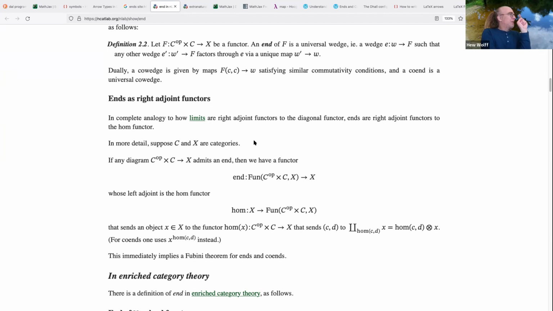But to be more precise, let's see. I guess limits go from the category of diagrams to the plain old ambient category. And I think the diagonal construction goes in the other direction. So if you just take an object of the ambient category, it gives you trivially a diagram.